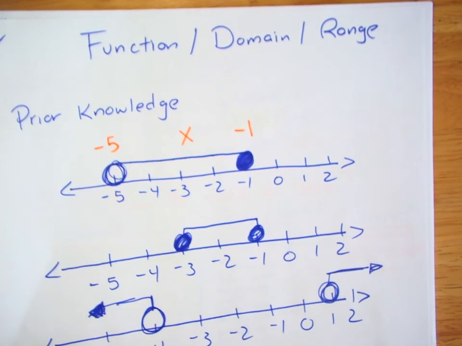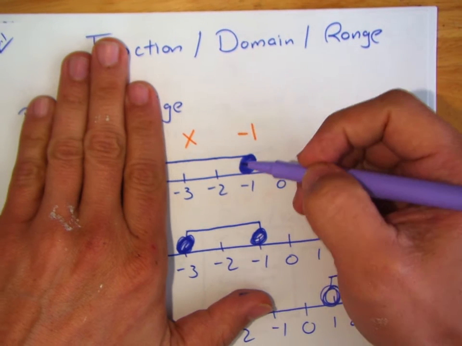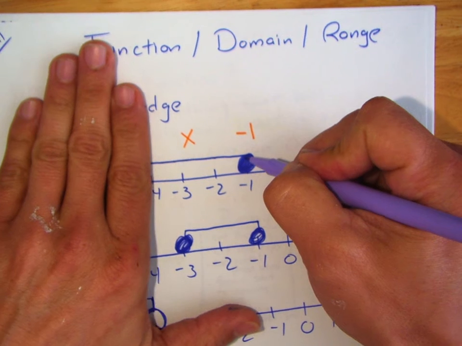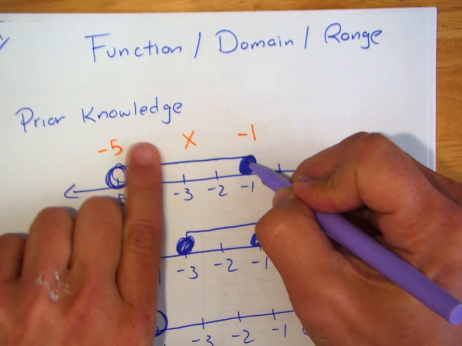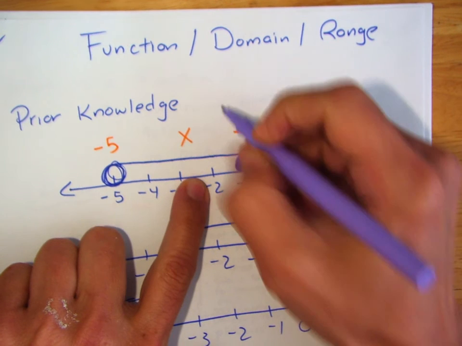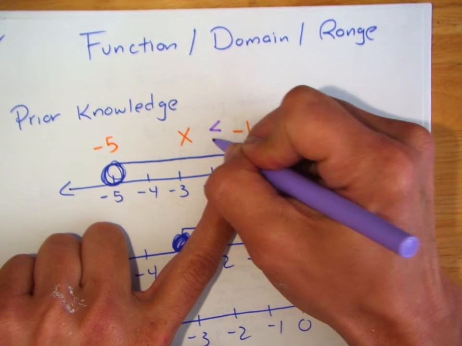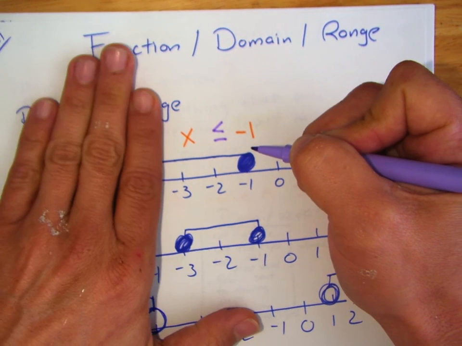Obviously, we're just going to do one at a time. So x, since the numbers are -5, -4, -3, -2, -1, these numbers are smaller, right? And also, it's equal to -1. So you got that component.